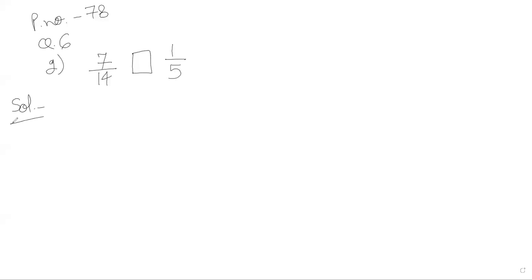Let us solve it. To solve, we will copy down the question as it is. Now, look at the denominators. Are the denominators equal? No, they are not equal. So first of all, make them equal.